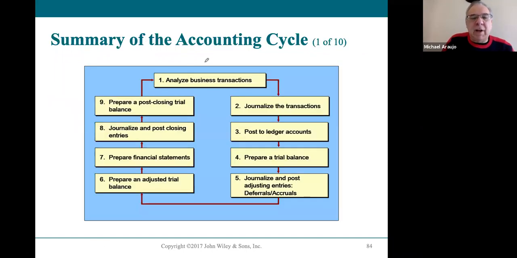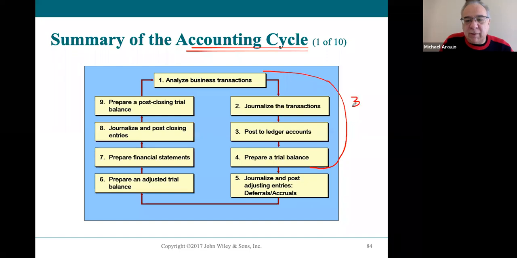Look at everything we've done in chapter 3 and 4. This is the entire accounting cycle that we just completed. Chapter 3, we analyzed transactions, we journaled, we posted them in the ledger, and we created a trial balance. That was all chapter 3. Look how much we did in chapter 4, right?